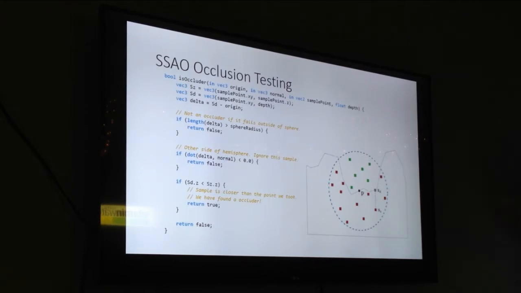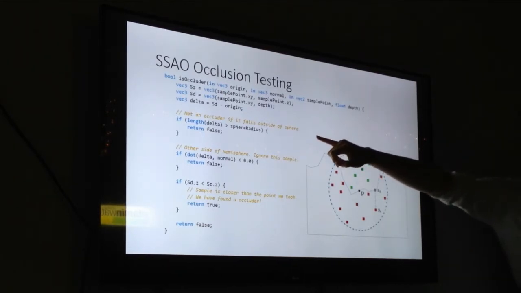So say I'm here, and I sample here, and it turned out the depth of this sample is somewhere way over there. It won't really affect me at all. It's way outside of my sampling sphere, and I don't really care about it. Something really, really far away won't block my ambient light. So we ignore that. Okay, so that's the first check.